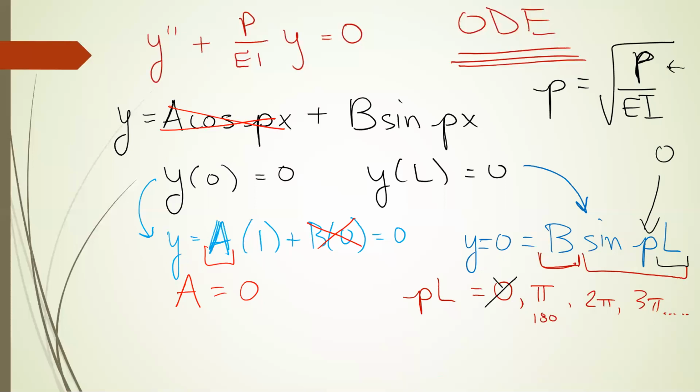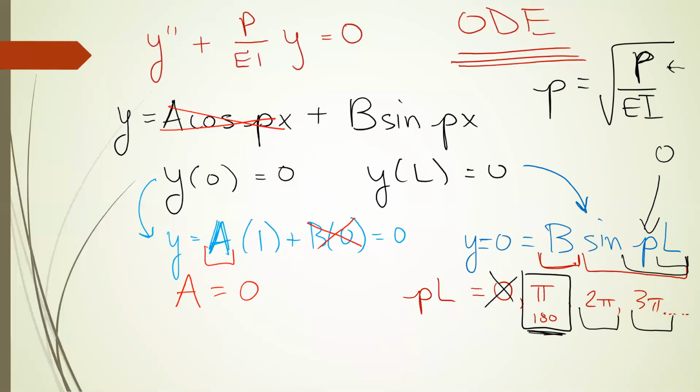So really, the first time we can get it to buckle would be when pL equals pi. I need to be careful with my language. The first time it would deflect is when pL equals pi. It would also do it when pL equals 2 pi or 3 pi, but it's already deflected the first time.